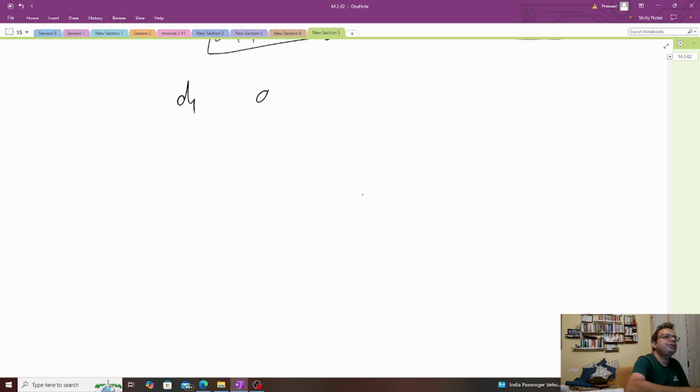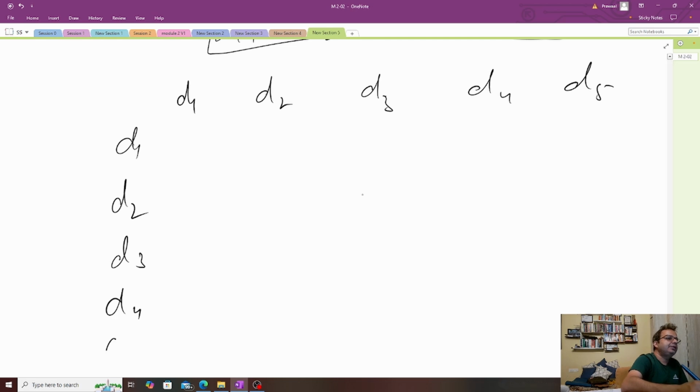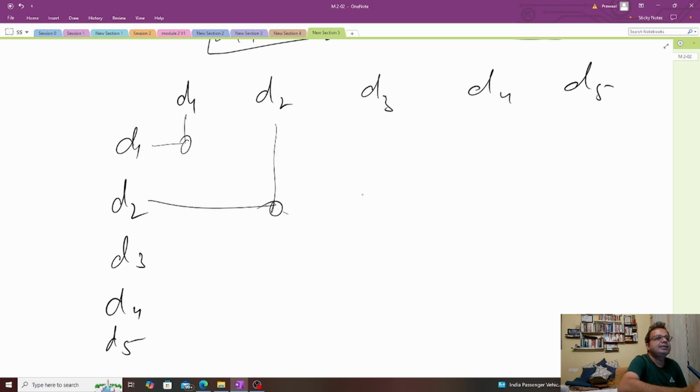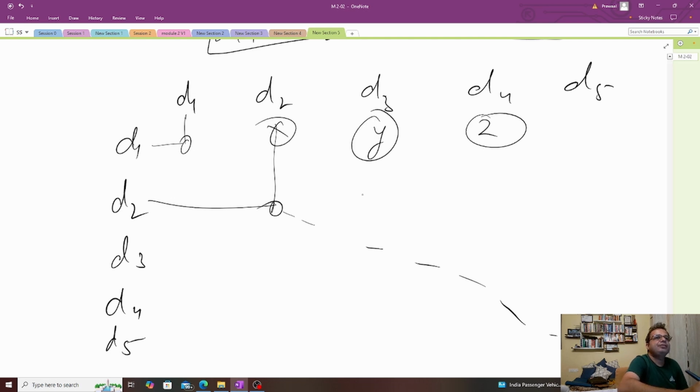So let's suppose these are your 5 data points. You create a triangular matrix, and you try to find out the distance of each of these points with the other points. Obviously the distance between d1 and d1 is 0, between d2 and d2 is 0, so your diagonals will be 0, but between d1 and d2 there will be some value, d1 and d3 some value, d1 and d4 some value.